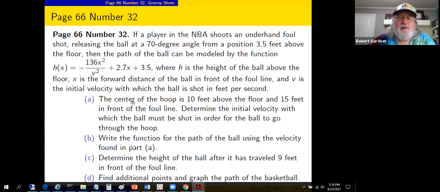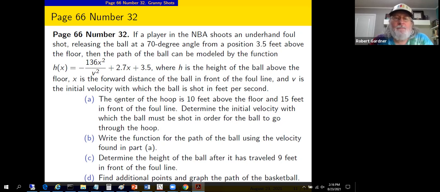Part A says, the center of the hoop is 10 feet above the floor and 15 feet in front of the foul line. Determine the initial velocity with which the ball must be shot in order for the ball to go through the hoop. Okay, we've already done this kind of thing, just not with all these words decorating the question.